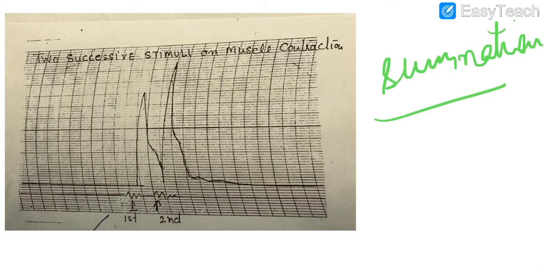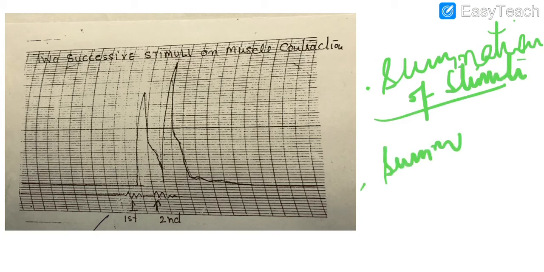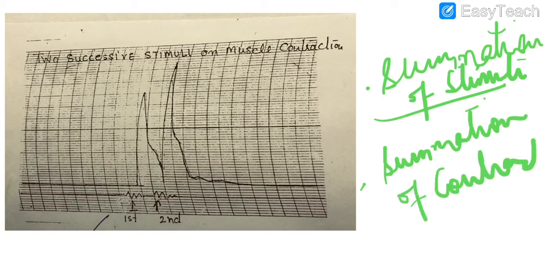Now if we talk about summation, there are two types: summation of the stimuli, and the second is summation of contraction. Summation of the stimuli can be demonstrated by applying multiple subthreshold stimuli to produce a particular muscular response.